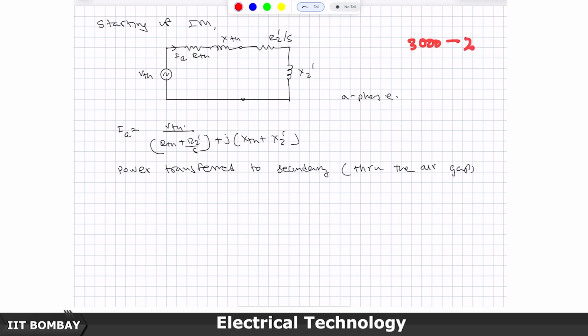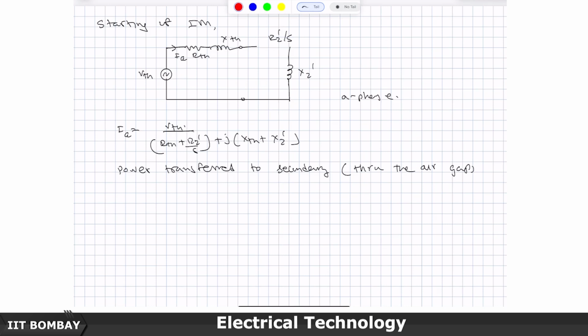Suppose it is running at 2950 RPM, then its slip is just this simple small number. But if you had a 4-pole machine, then the synchronous speed is 1500 RPM, and suppose it is actually running at 1400 RPM, then the slip is this. Usually I restrict my discussion to 2-pole machines, and the formulas automatically scale up. We have discussed that earlier, to multiple pole machines. So, this is the slip.